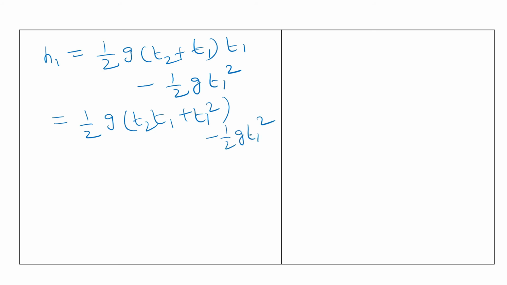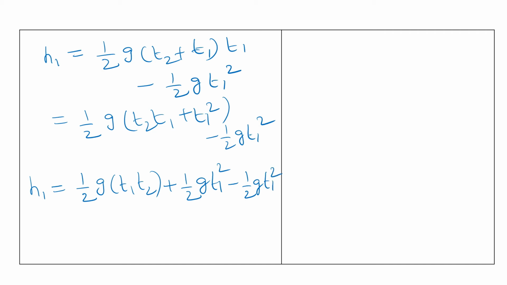So this can be written as h1 is equal to half g t1 t2 plus half g t1 square minus half g t1 square. Half g t1 square minus half g t1 square cancel. So h1 is equal to half g t1 t2. So we are getting in this y is equal to half g t1 t2.